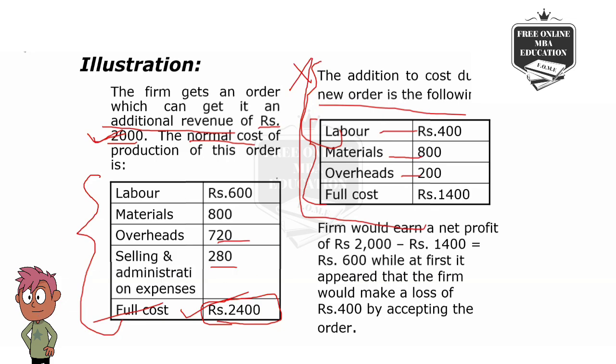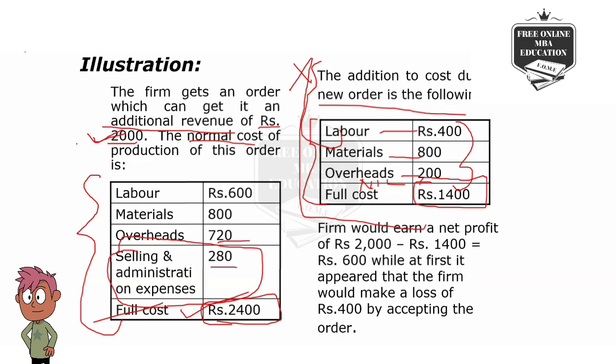In this case, if you see, my selling and administration expenses are nil in this cost. Why may they be nil? Because I may have already paid my rent for the month. I may have already paid all my people for the month. So all the additional costs that I'm spending add up to rupees 1400.